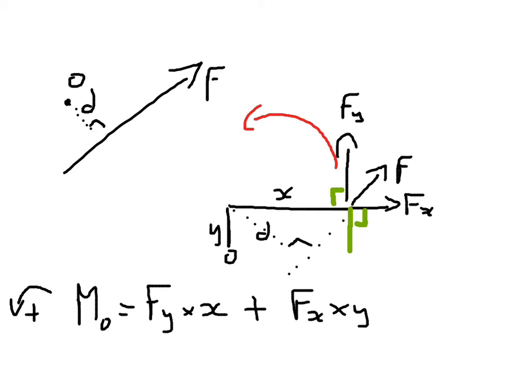Force X, if you ignore everything else that's happening, just this force X is trying to turn the beam, if you like, it's trying to have a turning effect going clockwise. So rather than having a positive sign here, we've said anti-clockwise is positive, so we know that for this equation that will need to be negative.